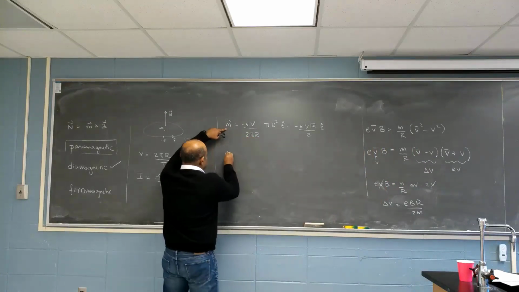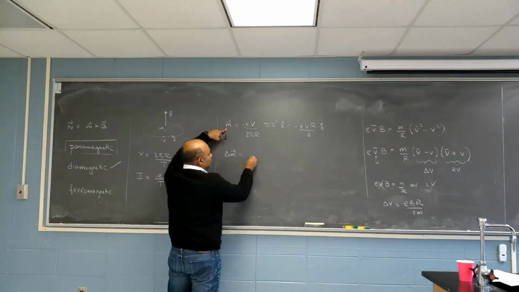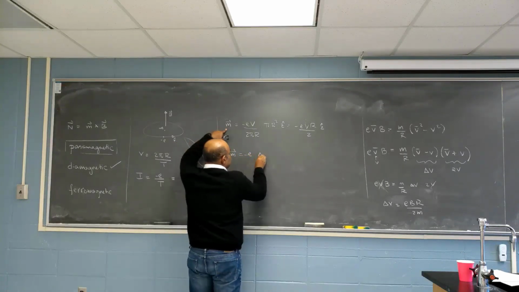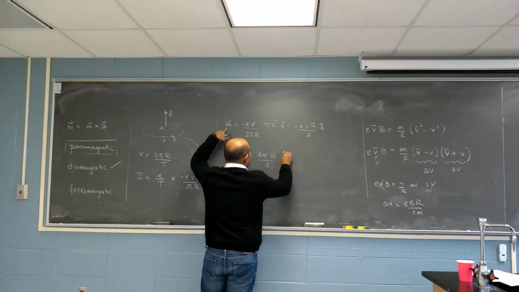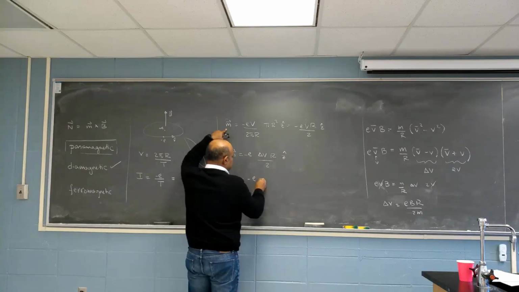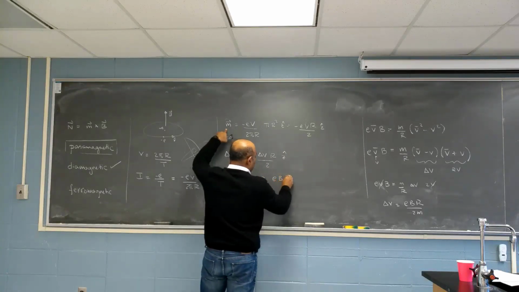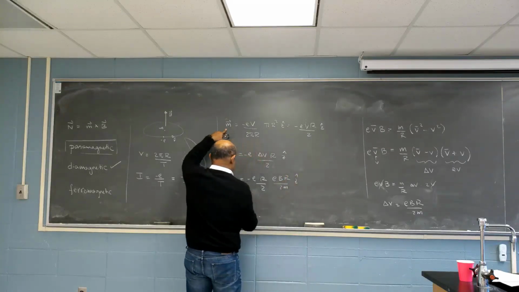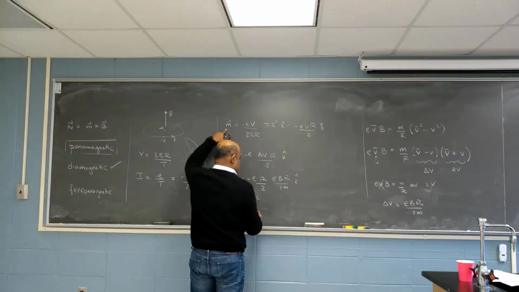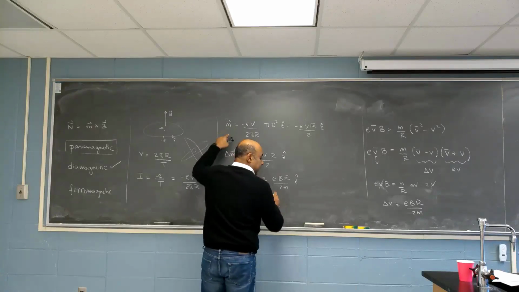I'll get a delta m, which is nothing more than minus E delta V R over 2 z hat, which is minus E R over 2 times E B R over 2 M, and that's minus E squared B R squared over 4 M z hat.